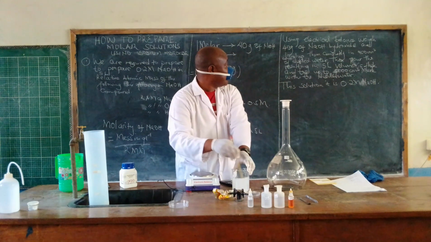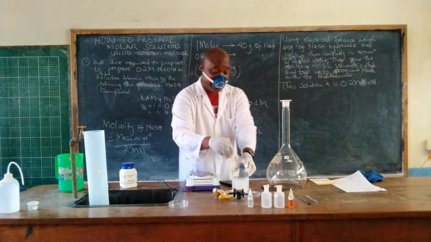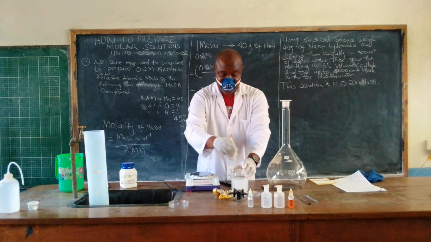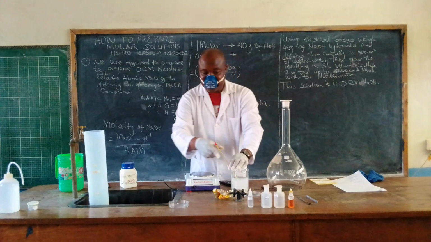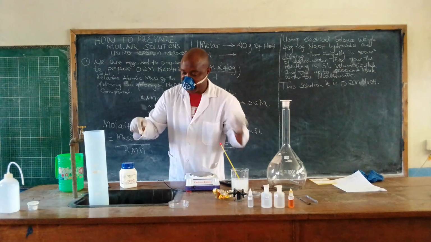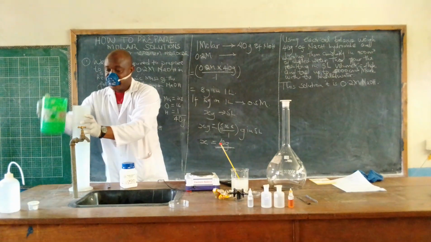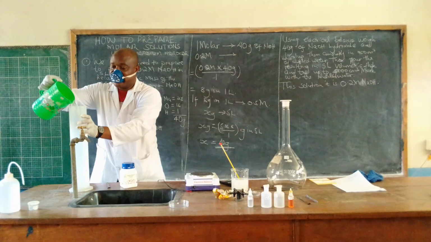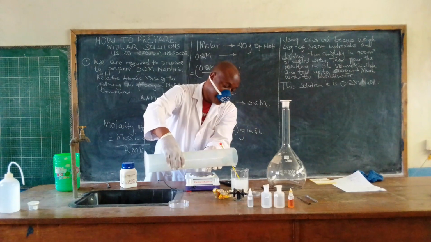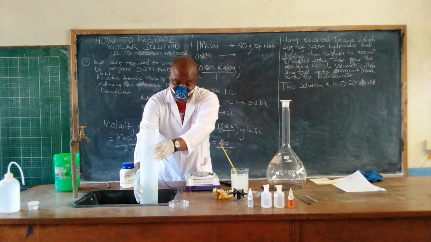As per my explanation, I've said you dissolve them completely in 700 cubic centimeters. So this is my 700 cubic centimeters of water. That is 500, so I'm supposed to top up with 200. Like that. That is my 200.